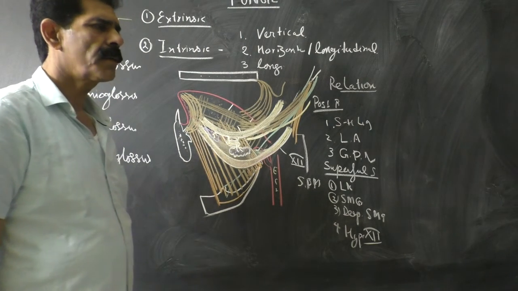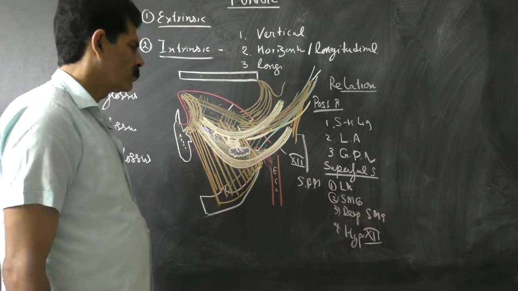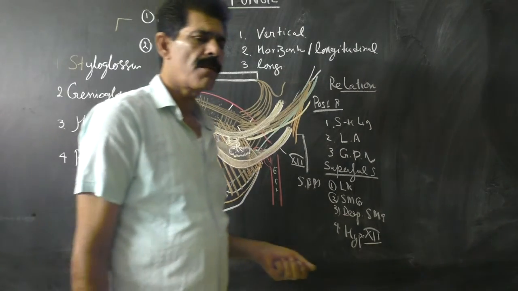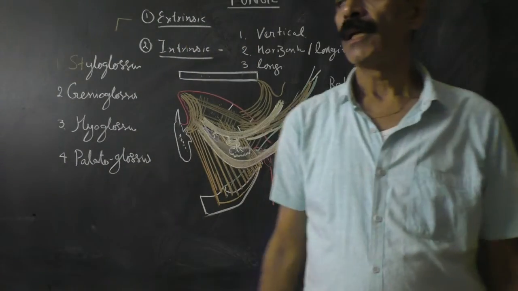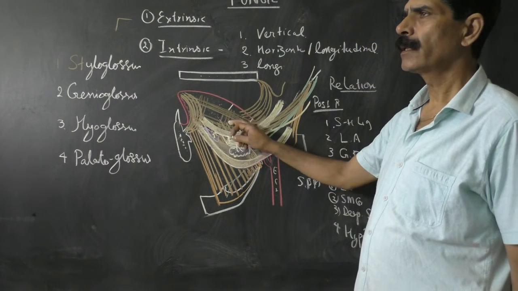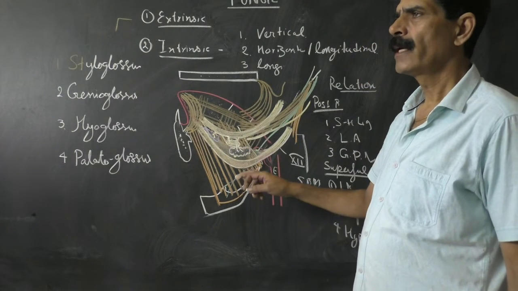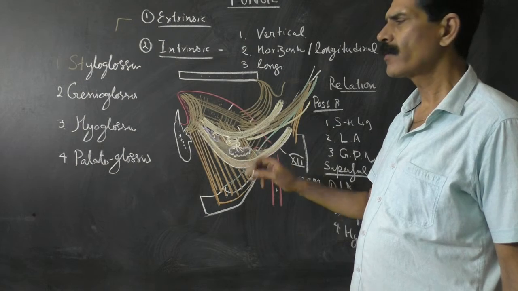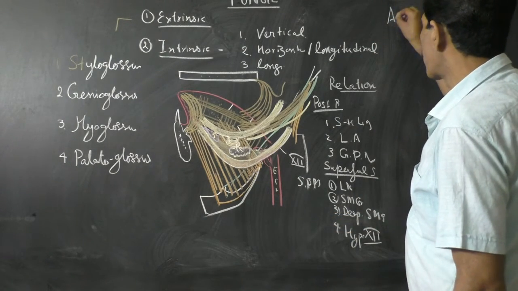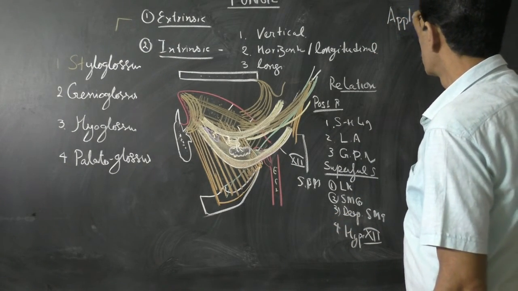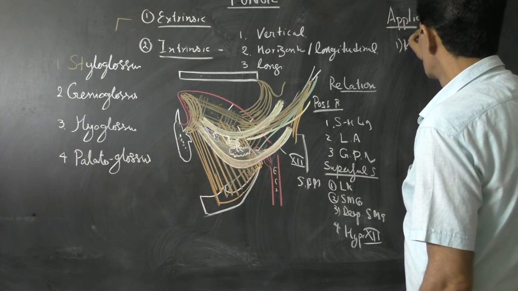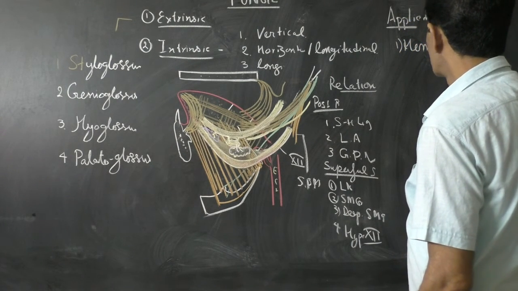Regarding the applied anatomy of the tongue, as we know, cancer of the tongue is very common, and in cancer of the tongue, we remove the growth over the tongue, as well as half of the tongue, and this operation is called hemiglossectomy.